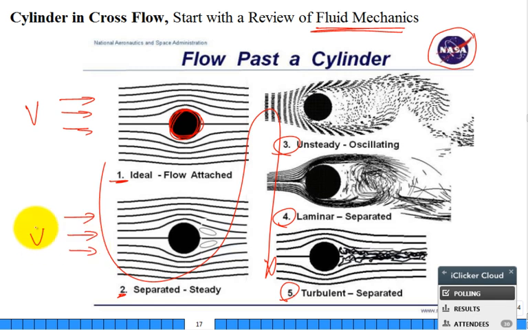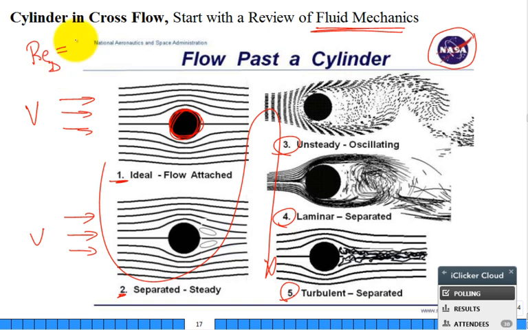Because what happens if the speed of the approaching fluid goes up, up, up? You have a higher Reynolds number for that flow. The Reynolds number for flow over a tube is based on D. What is D? The diameter of the tube or the cylinder.